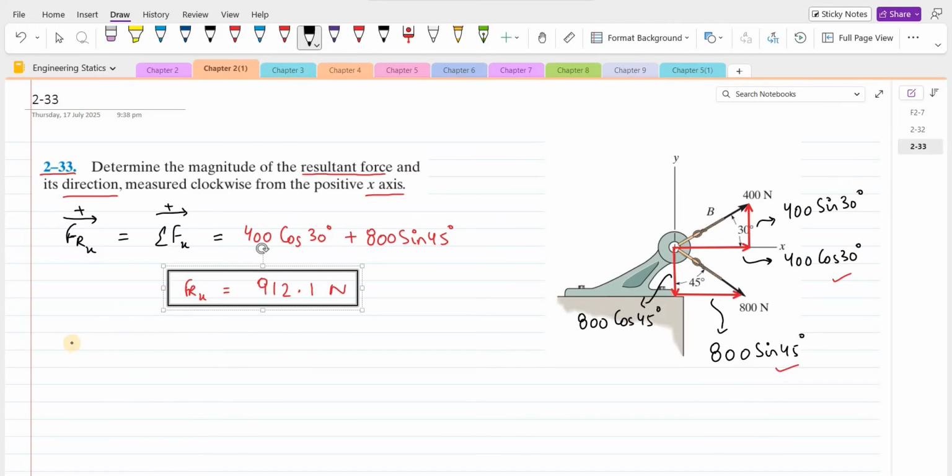Similarly, we have to do the same for F_Ry, which is the sum of the forces in the y direction. I am considering the up direction as positive. So we have 400 sin 30 minus 800 cos 45 degrees.